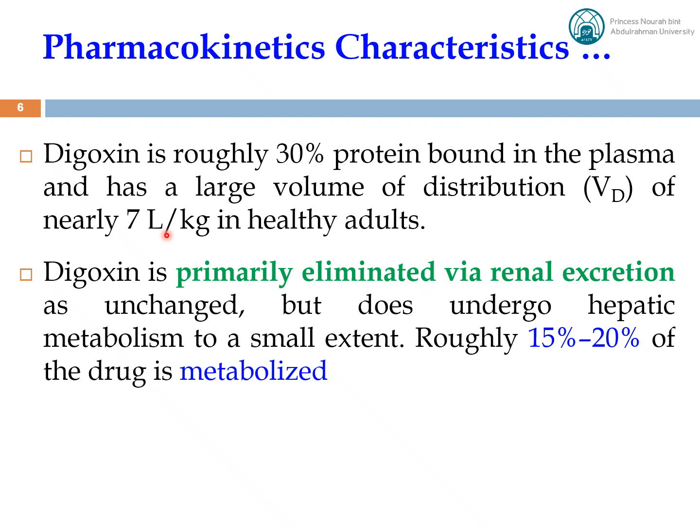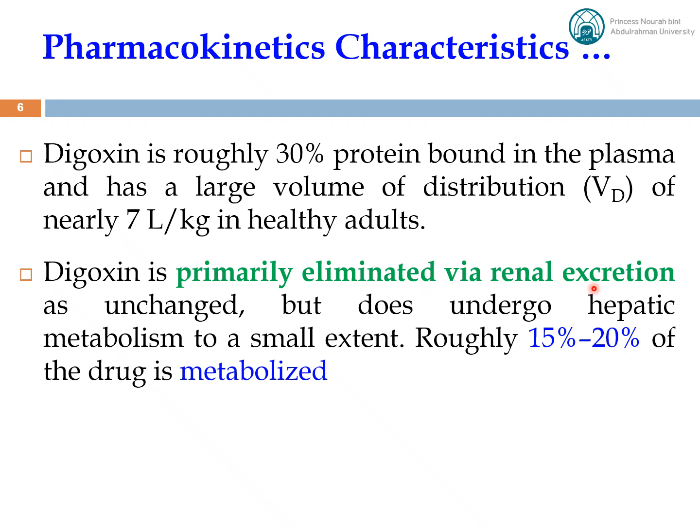All of these will affect its therapeutic efficacy. We are talking about different pharmacokinetic parameters related to digoxin: the distribution time, the half-life of elimination, the bioavailability, the volume of distribution, and its protein binding. Digoxin is primarily eliminated via renal excretion.